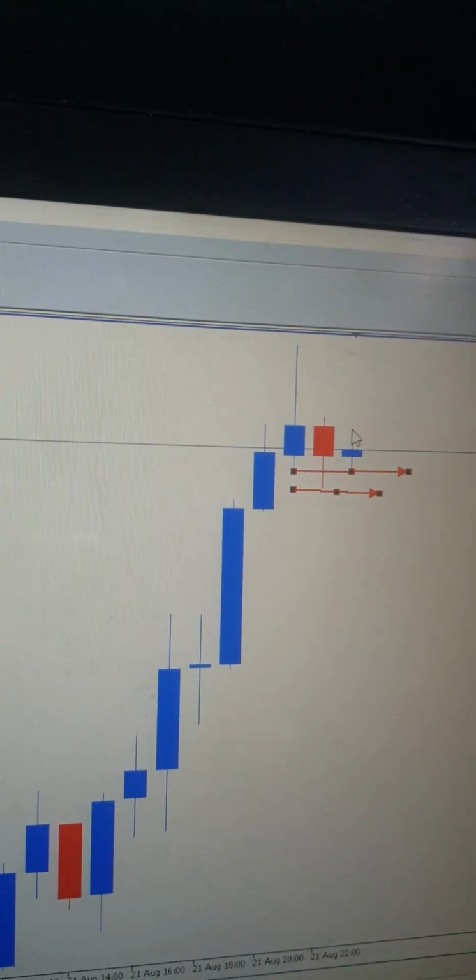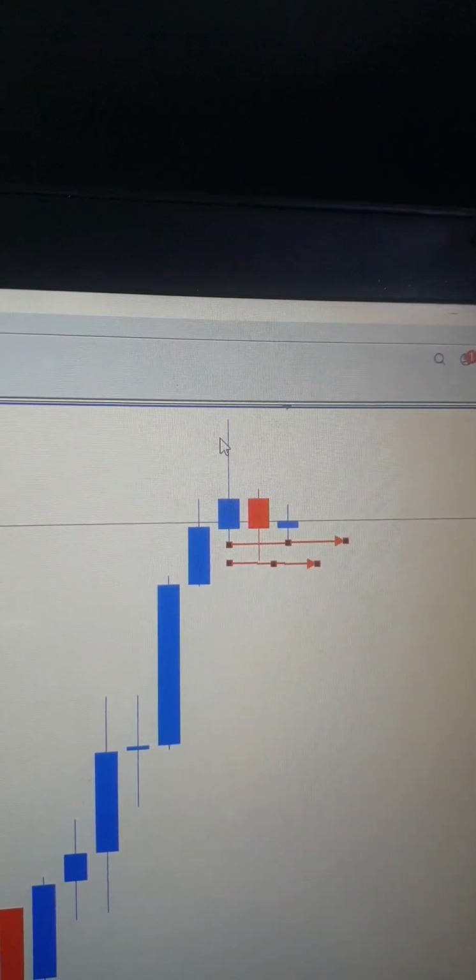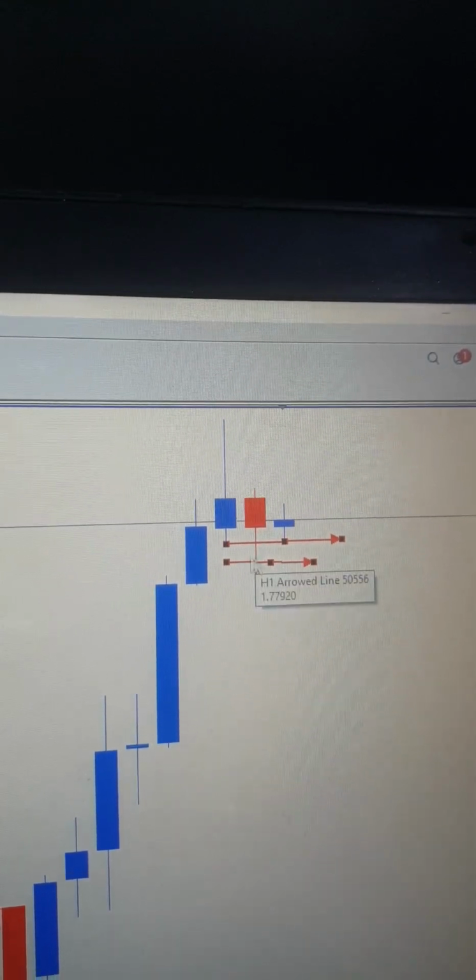So if I want to enter this trade, like I told you guys, I'm waiting for the candlestick pattern to finish. I'm waiting for this last candlestick, and then I'm going to make my decision. But upon seeing this weak rejection, and seeing this bearish candle closing below this one, definitely I'm looking for a sell.